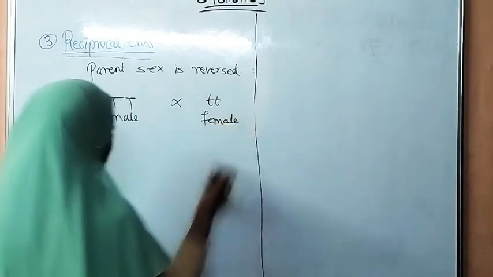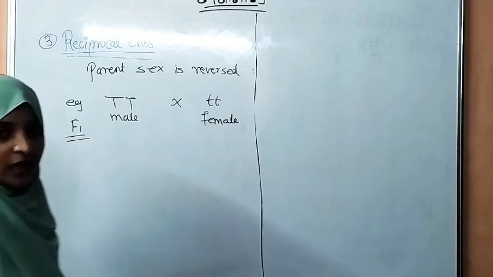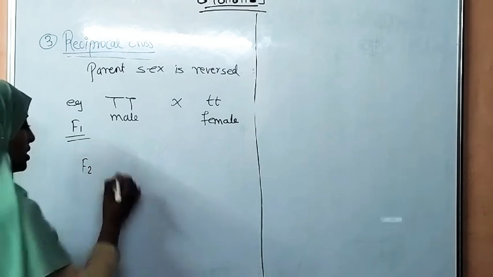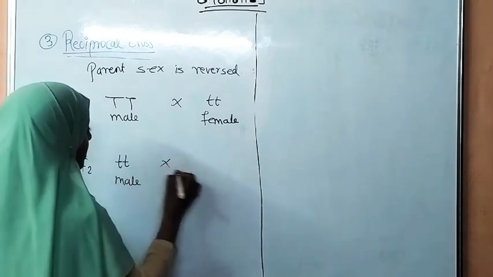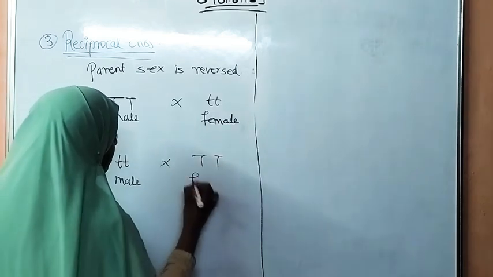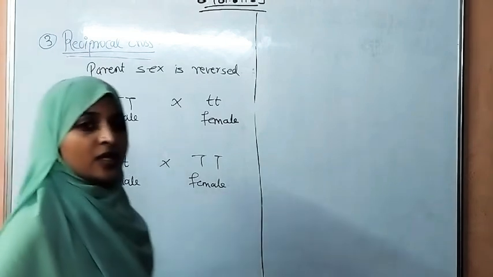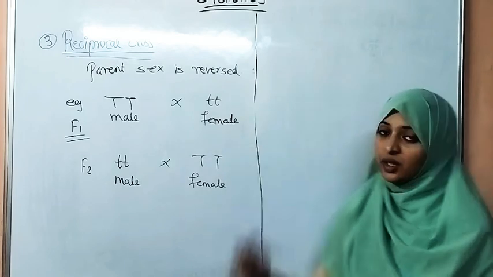Then what happens in the F1 generation? We have considered capital T as a male parent. In the F2 generation, we consider small t as a male parent and capital T as a female parent.